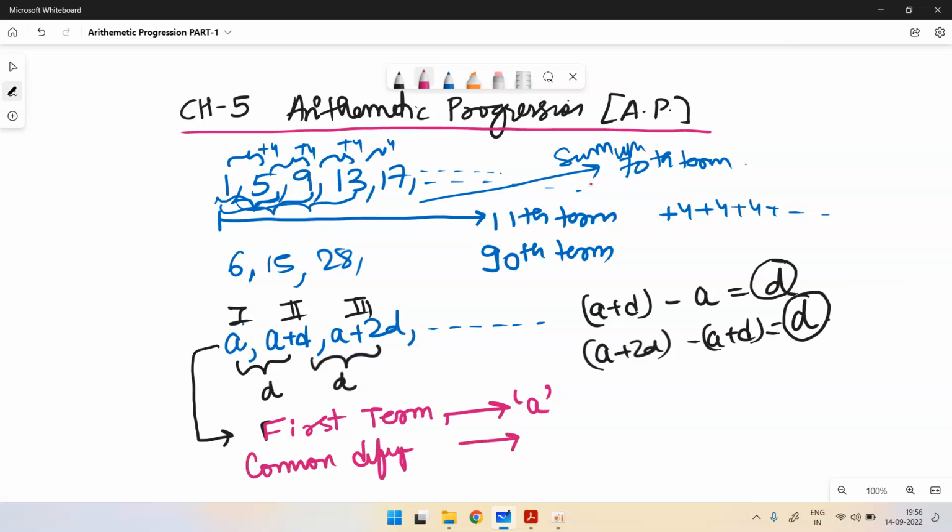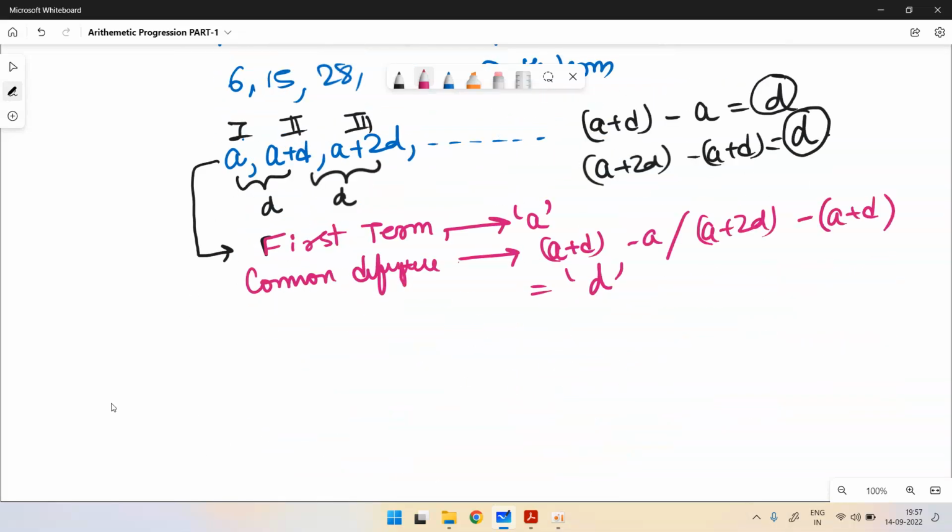You can take any two consecutive terms: a plus d minus a, or a plus 2d minus a plus d. All of these are equal to d. The common difference is d, which is constant throughout the series. So this will be the basics.